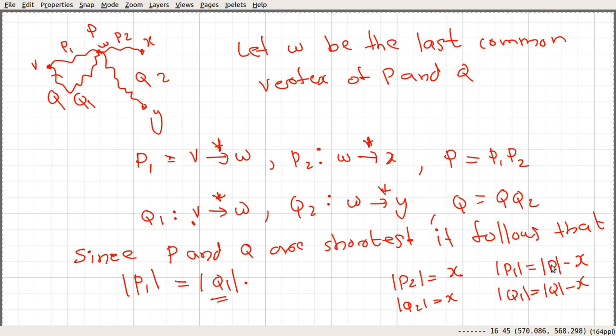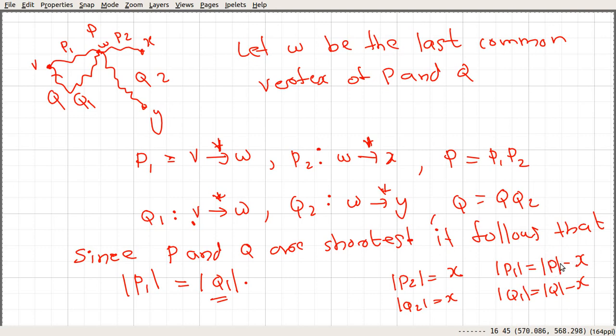If P1 and P2 have the same length and the same parity, right, so if P1 and P2 are odd, then x1 and x2 are odd. So if x1 and x2 are odd, then P2 and Q2 have the same parity. Similarly, you can see that if P1 and P2 are even, this is going to be even because the length of P1 is even.